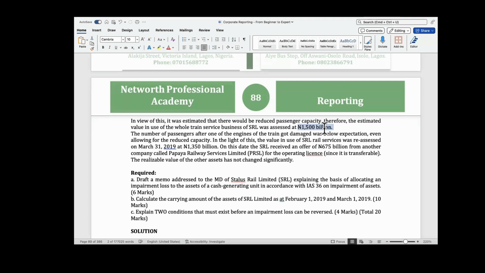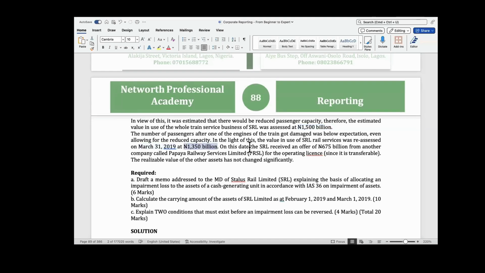Now, the last paragraph. The number of passengers after one of the engines of the train got damaged was below expectation, even allowing for a reduced capacity. In the light of this, the value in use of SRL rail services was reassessed as at March at 1,350 billion.